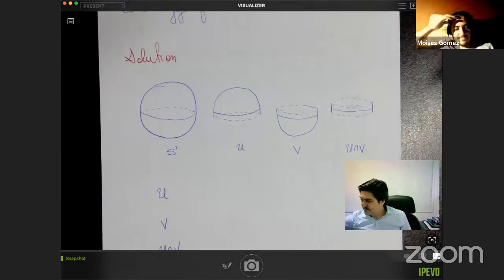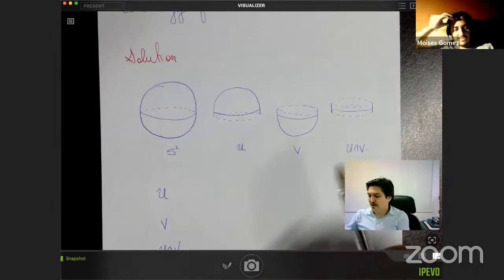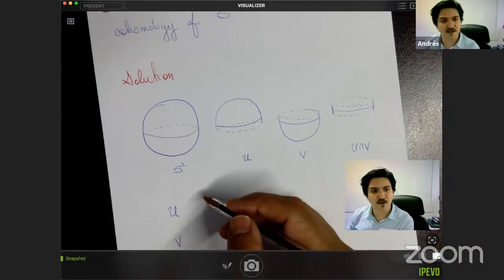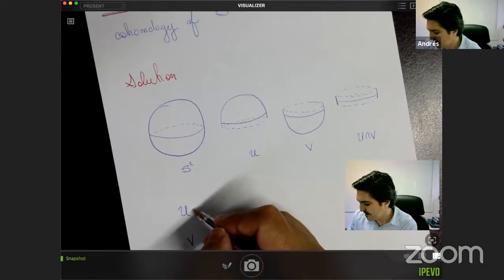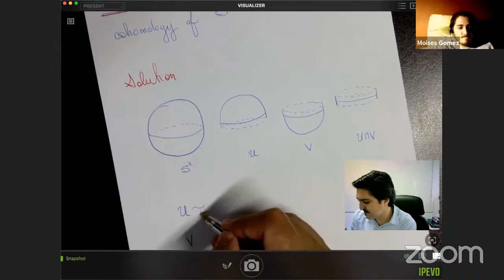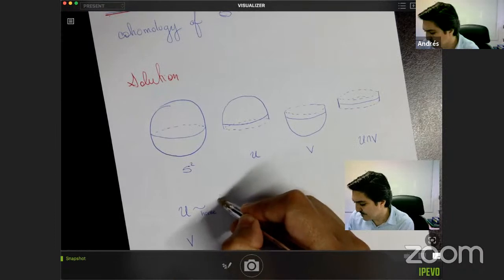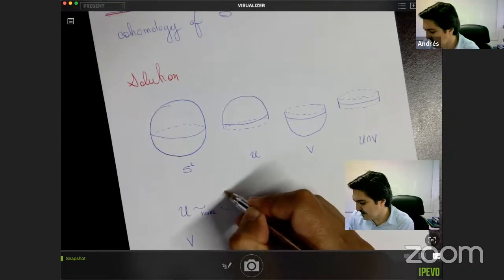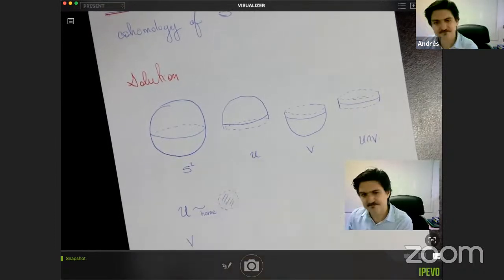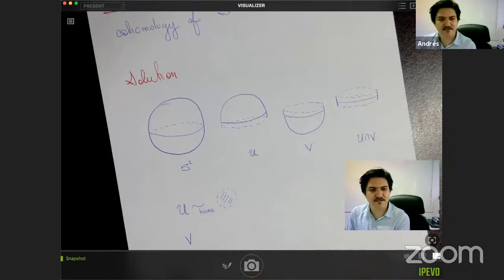U is the cohomology of the disk, which is the homology of R2. Right, so hold on. So U is homeomorphic to an open disk in the plane, right? And then what else?